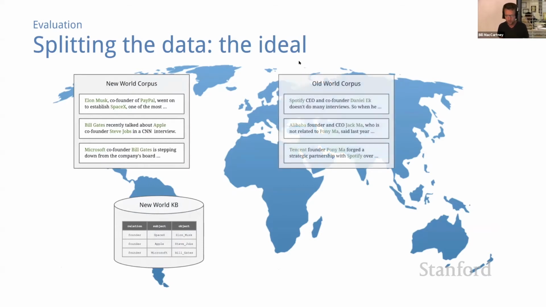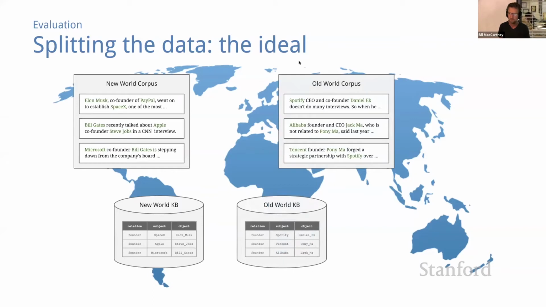And then an old world corpus that talks about Daniel Ek and Jack Ma and Pony Ma, and a corresponding old world KB. If we had this, then we could achieve a really clean separation between train and test data with no overlap in entities.